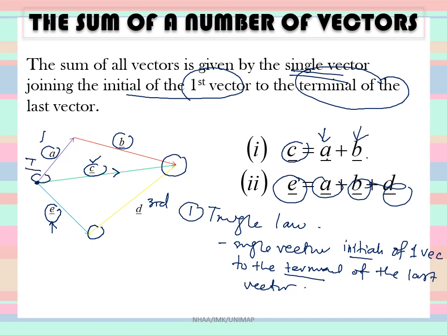When you connect initial with terminal, this produces the resulting vector, which is the single vector produced from the summation of the three vectors. So the arrow is there. There are two resulting vectors here, C and E, while the rest, A, B, D, are vectors that you sum to produce C and E.